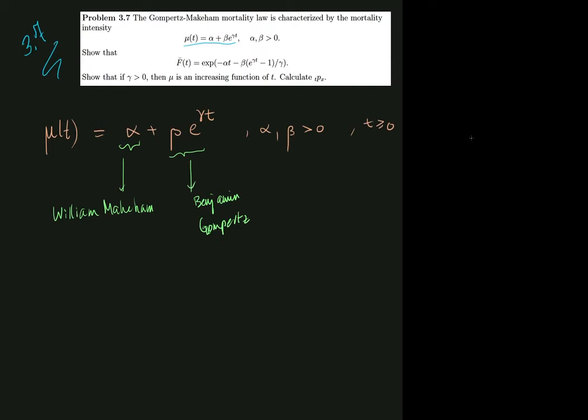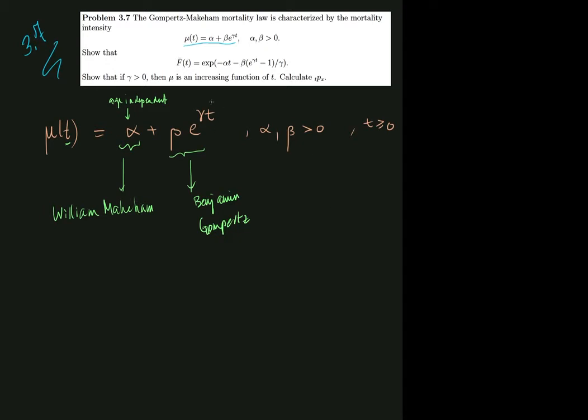And what is the interpretation of these two parts? Well, you can see that no matter what t is, alpha will remain the same. So this is the age-independent part of the intensity. And what can that stand for? Well, that can stand for things such as accidents, natural catastrophes, so factors contributing to mortality that have nothing to do with age.